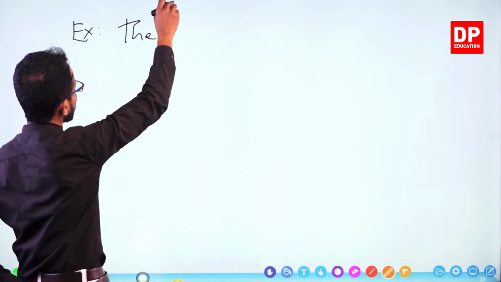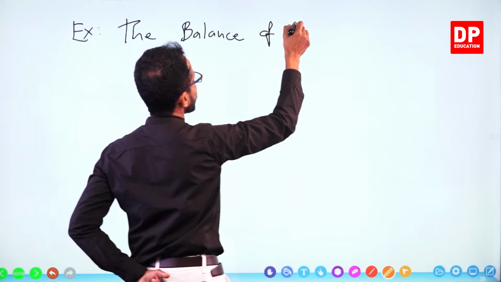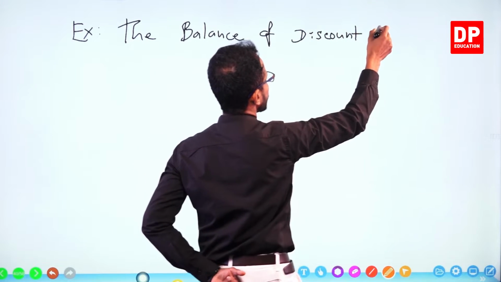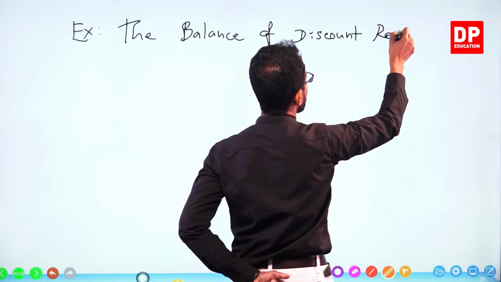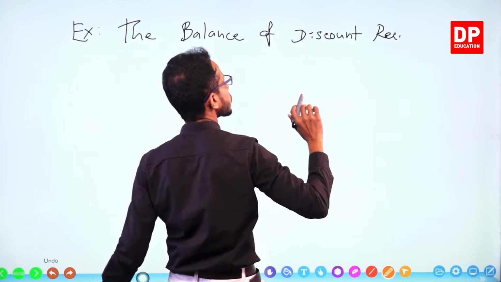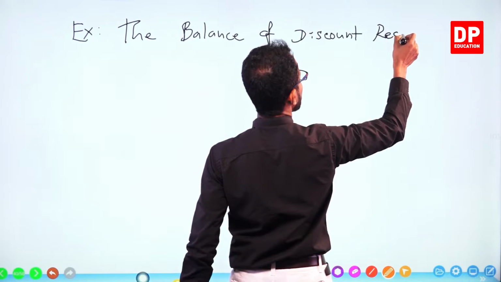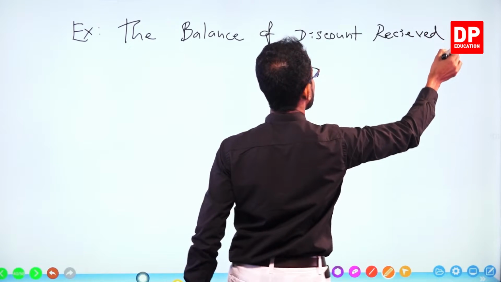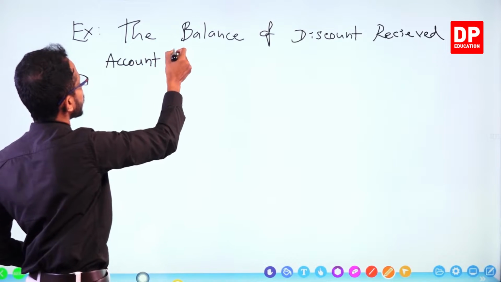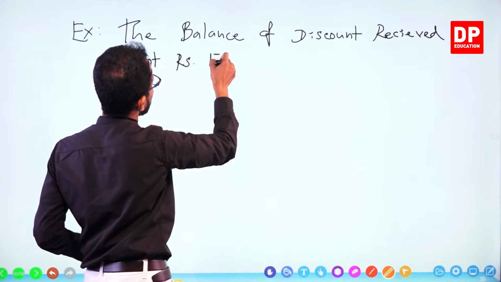The balance of discount received account, rupees 17,000.